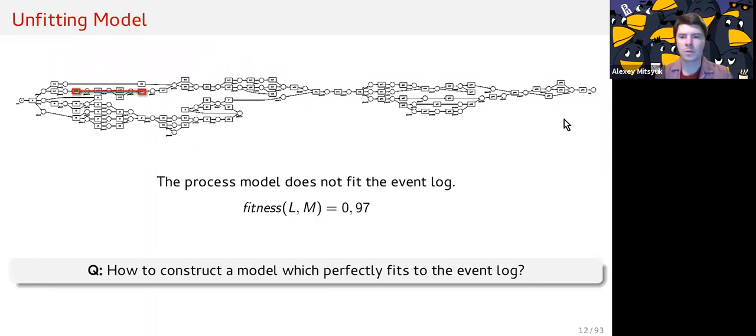We have this relatively large Petri net, and we just swap two transitions in this net. You may note that these transitions are relatively close neighbors in the structure of this model.